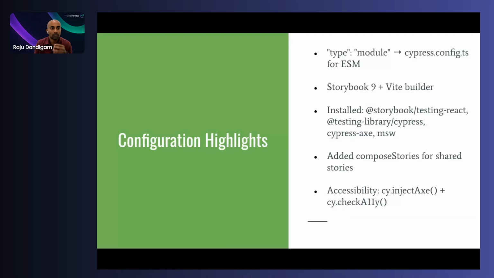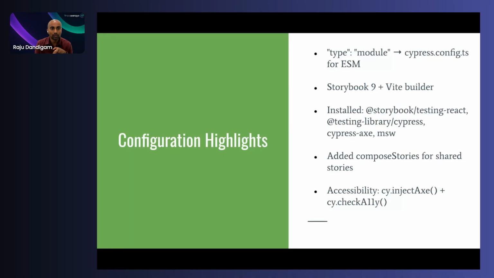There are also a couple of configurations I want to highlight. We'll look into the code again, but I want to highlight them here so we know the major pieces of this project. We used type module, and obviously the relevant Cypress config is there, which has Storybook 9 and the Vite builder.